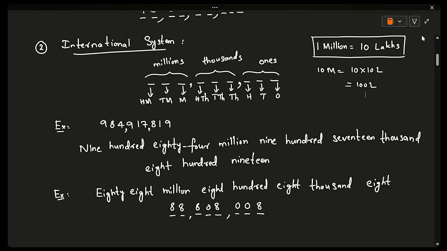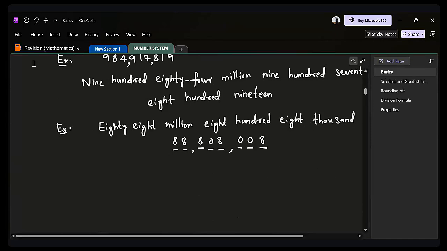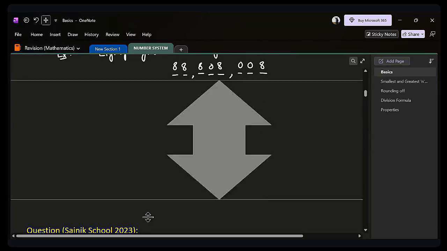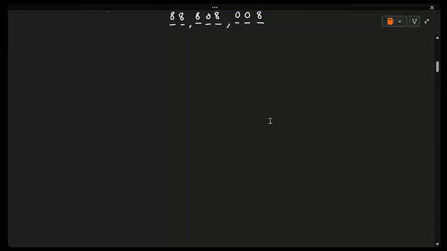Okay. Now we are going for the Roman system. Third system, Roman system. So before you learn the rules, first you should remember the symbols.